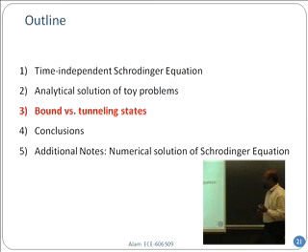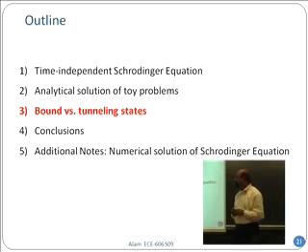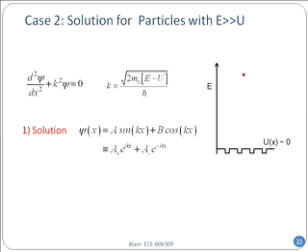Okay, so we'll talk briefly about bound versus tunneling states. This is the last topic. I have solved 2 cases already: when the electron is inside this potential, going up and down, the bottom case and the intermediate case. What about when the electron is far up?